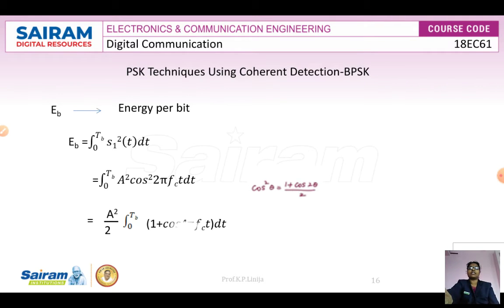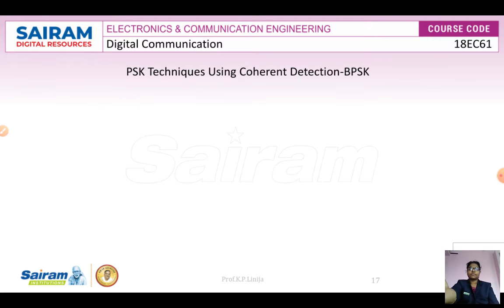So we can write it as 1 plus cos 4 pi fct, since cos 2 pi fct is already there and 2 theta doubles it. Therefore, 1 plus cos 4 pi fct dt gives us A squared by 2 into TB plus 0. Therefore, EB can be written as A squared TB divided by 2.